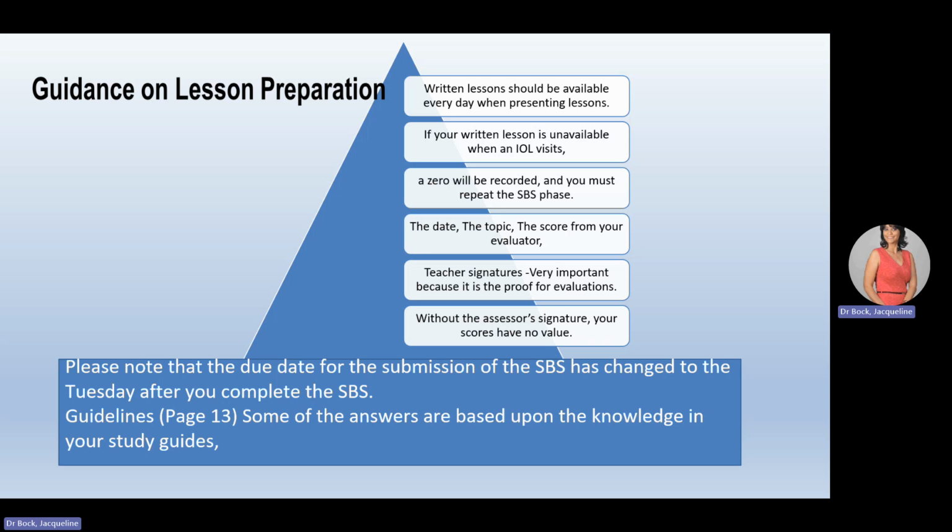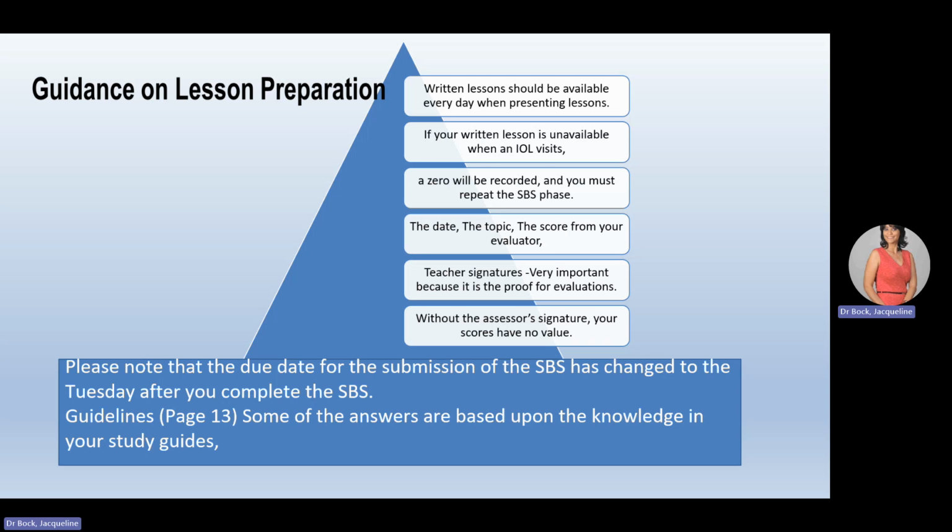Guidance on the lesson preparation. Written lessons should be available. We've spoken about it. If a written lesson is unavailable when IOL visits, a 0 will be recorded. So make sure that you are prepared and that your lesson is ready, so that you don't have to repeat the phase.